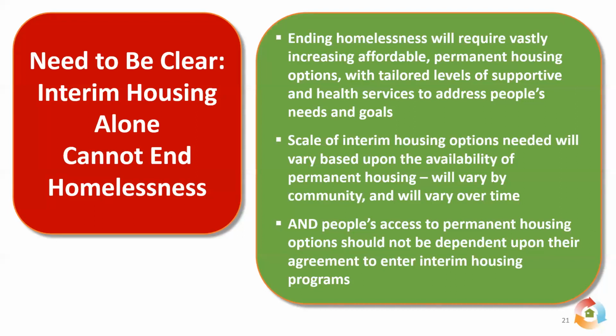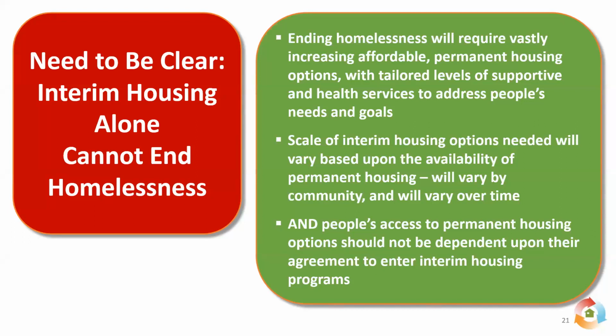Ending homelessness will require vastly increasing affordable housing options enriched with tailored levels of supportive and health services to address people's needs and goals. Interim housing models must be implemented that will provide more accessible, welcoming, dignified, and healthy options for people in crisis and will better facilitate people's access to permanent housing.